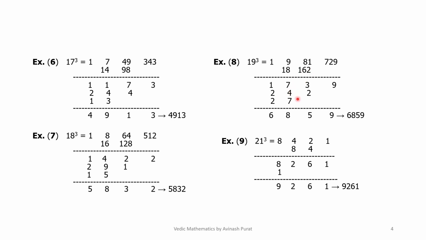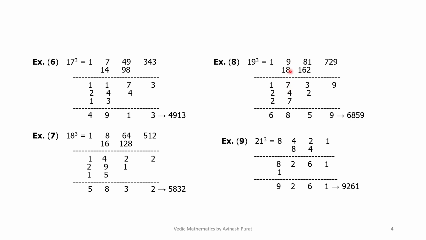Now we take the totals. 729, 9 is taken down, 2 is taken to the left and further to the left is 7. 162 plus 81, that is 243. 3 is taken down, 4 is to the left and further to the left is 2.